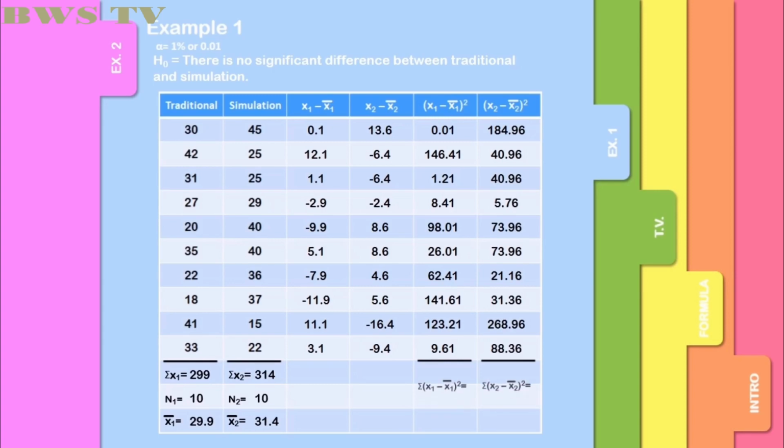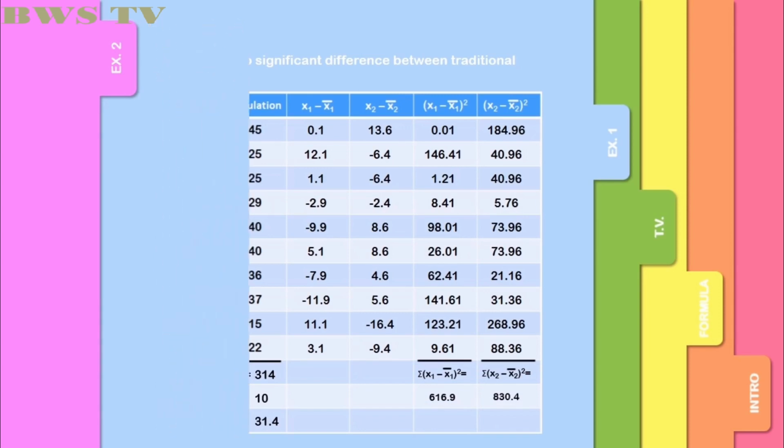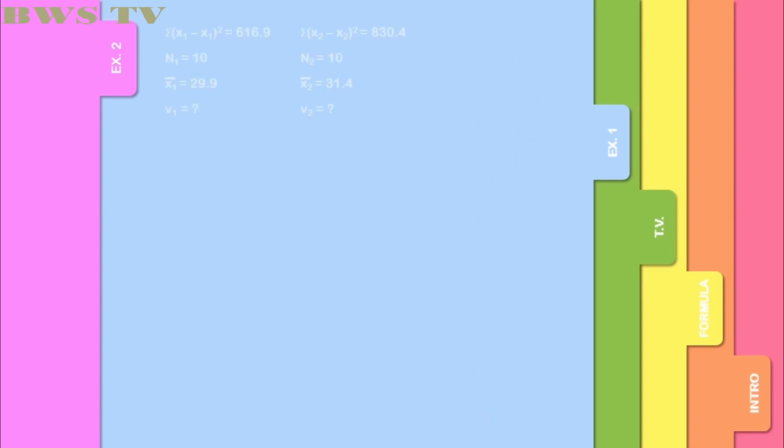Get the summation of the squares of the differences of both groups. Now that you have all your values, we can proceed to use the formulas. Start by substituting the values from your first group in your variance formula. Do the same thing for your values from the second group.